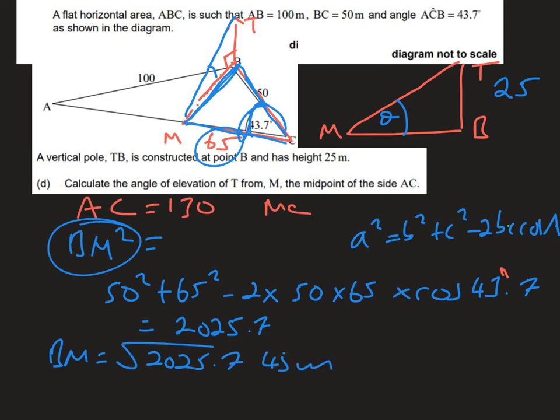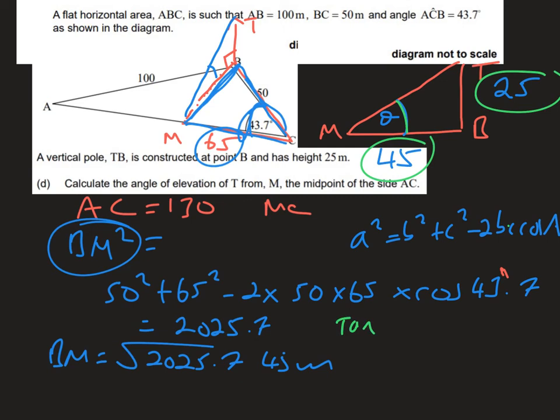So if we go back to our triangle up here, we can put in 45 as the distance MB. Then it's just a case of recognizing that relative to the angle, we have the opposite and the adjacent. Therefore, we're going to use tan.